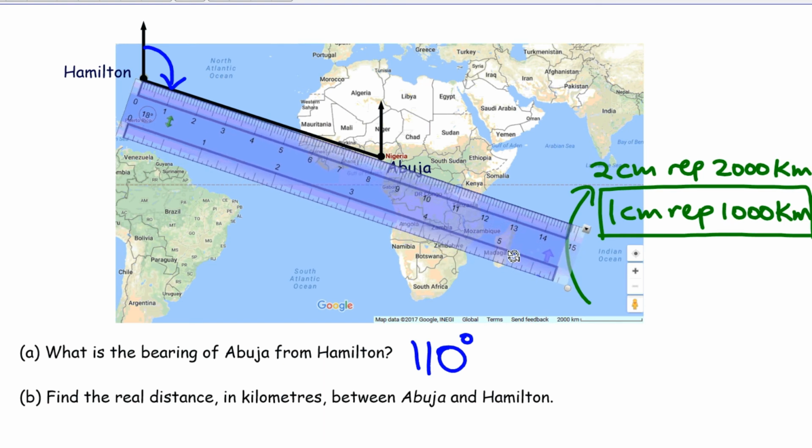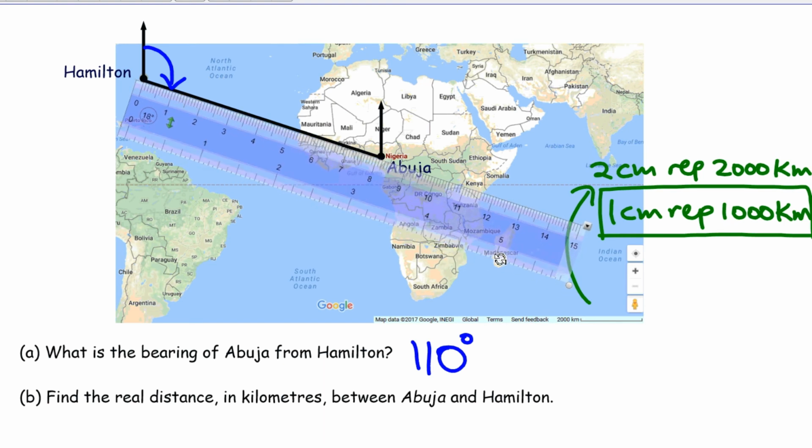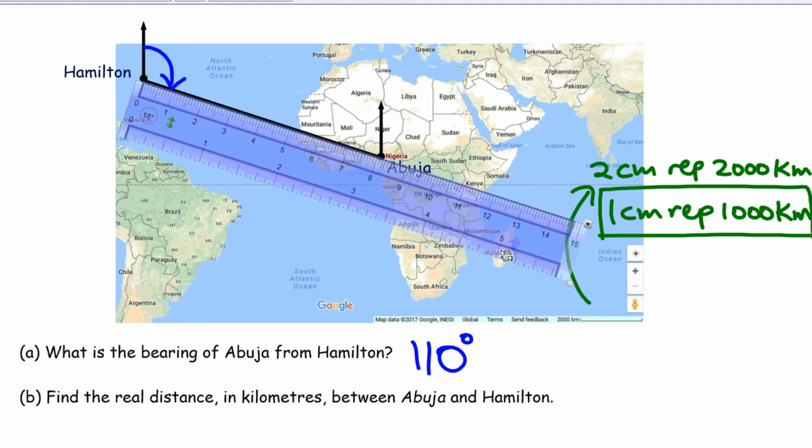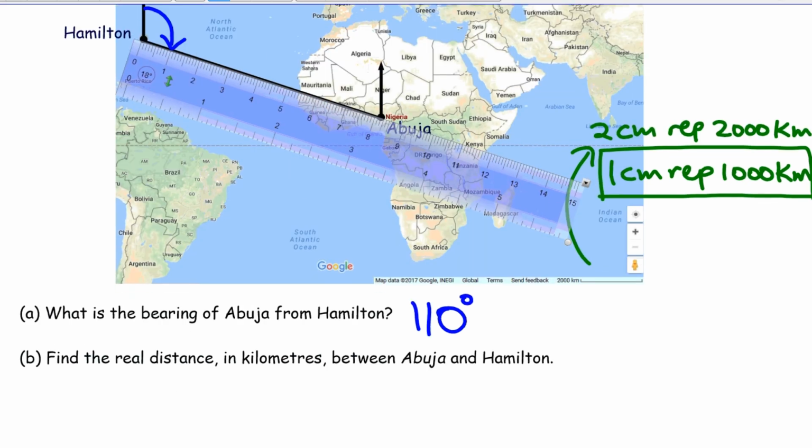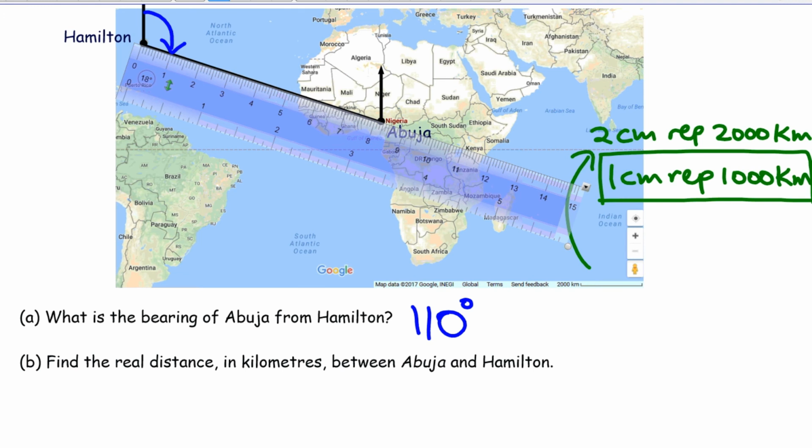Now that distance is about 8.15 centimeters.